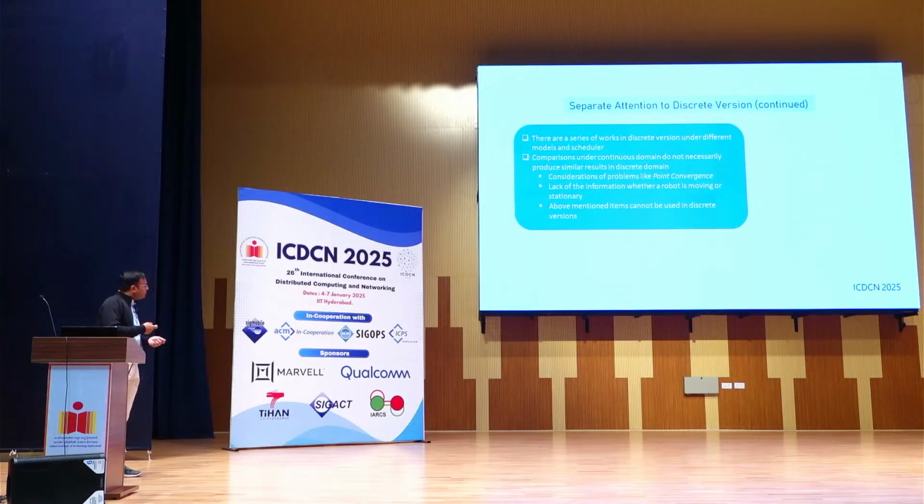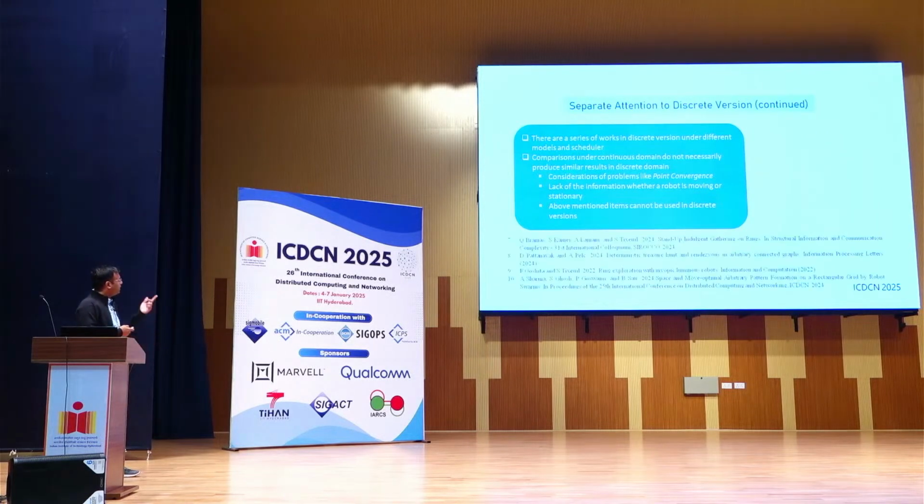There is a series of works that has been done in the discrete version also, and I just listed some of them. So now one can wonder that we have the full comparison for the continuous setup, so maybe the same results will follow for the discrete version, but that is not necessarily true, because there are some fundamental differences.